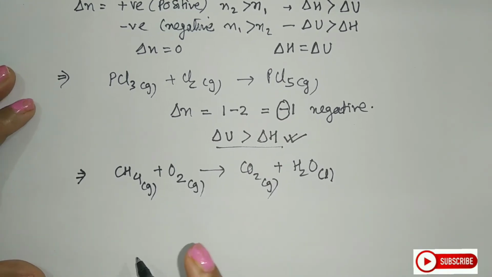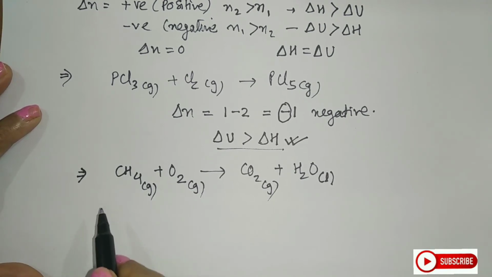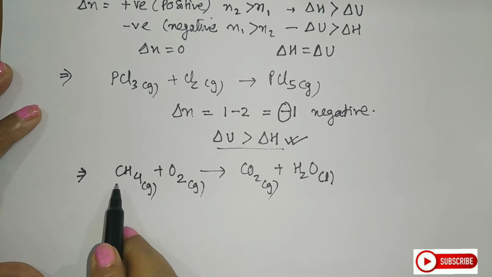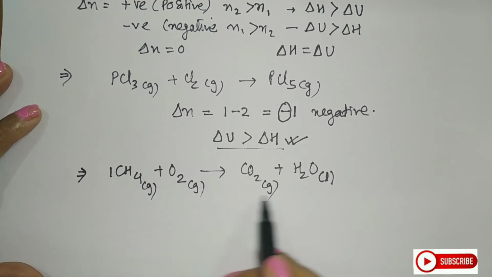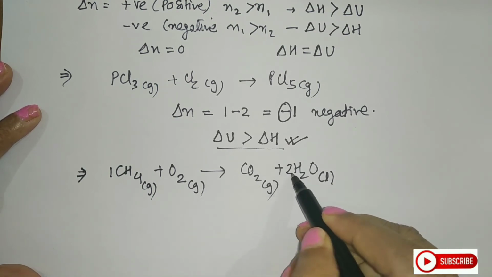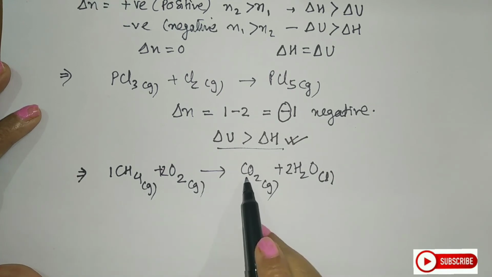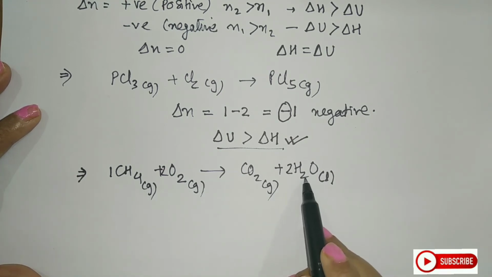Second very important thing, you have to balance the equation. You can refer to stoichiometric chemistry, or you keep this as 1 mole and then balance the equation. So it will be 1 carbon, 4 hydrogen, and 4 oxygen.